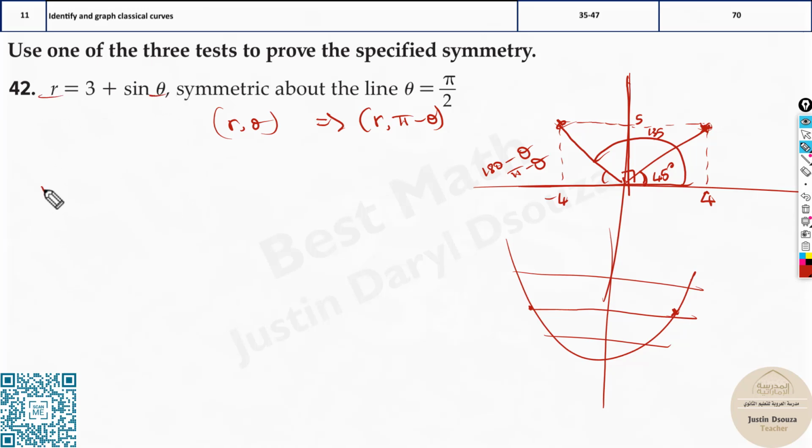Now instead of theta, I will put 3 plus sine of pi minus theta. You might have realized this sine pi minus theta is in the form of sine a minus b, isn't it? So we need to write this formula. It's sine a cos b minus sine b cos a.